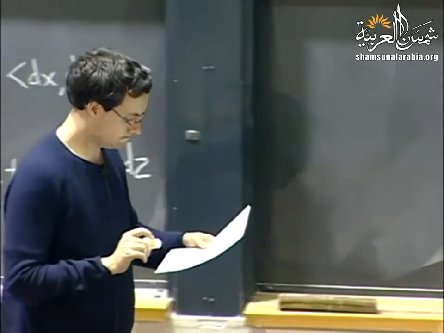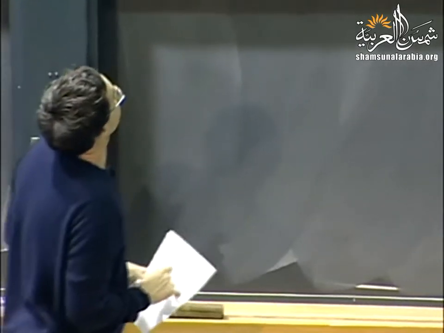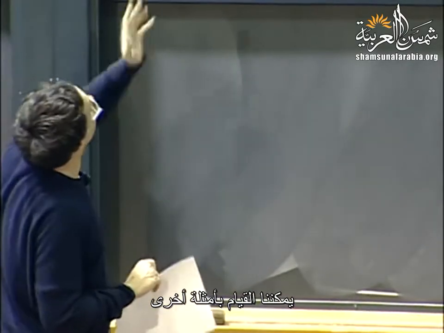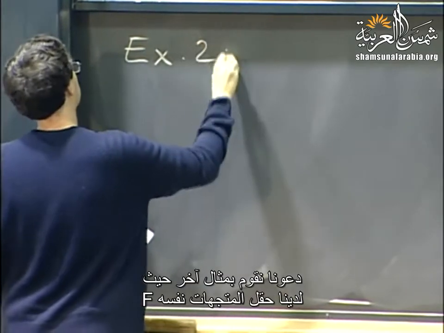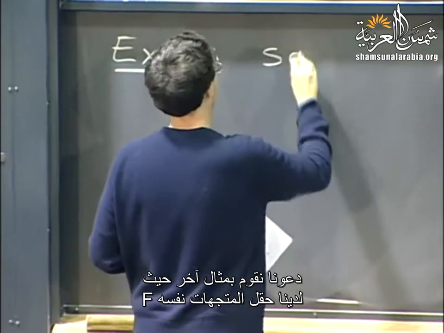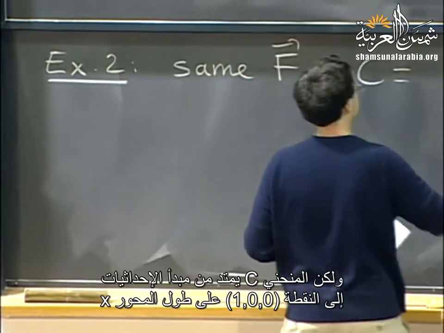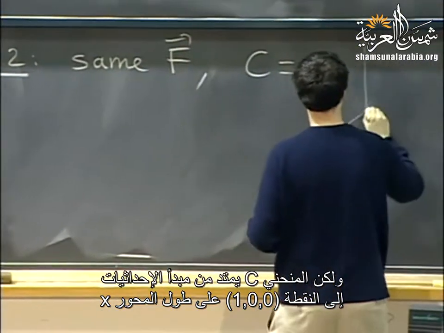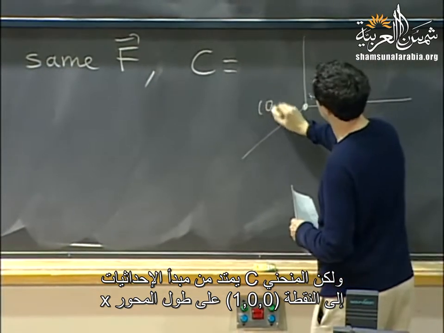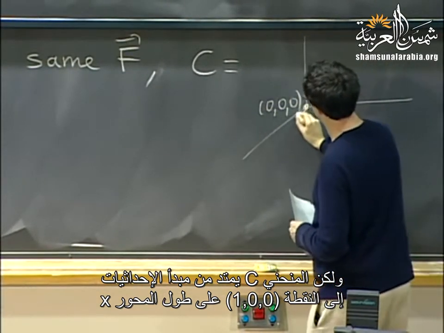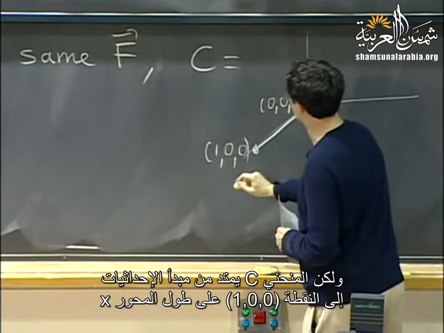So, because we can do a bit more practice, let's do another one where we do the same vector field F, but our curve C will be going from the origin to the point 1, 0, 0 along the x-axis.